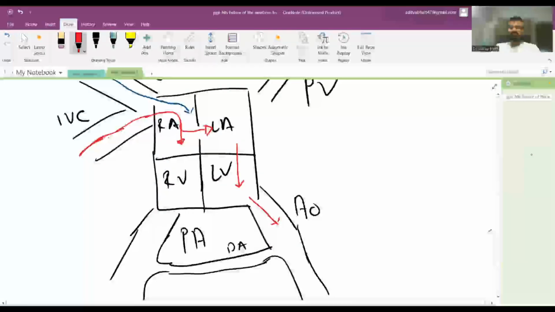Now, why is this PFO, patent foramen ovale, important? Because at the end of the day, the pulmonary artery is connected to the aorta, so why do we need another shunt? The reason PFO exists is that before the ductus joins the aorta, the common carotids from both sides have already arisen.